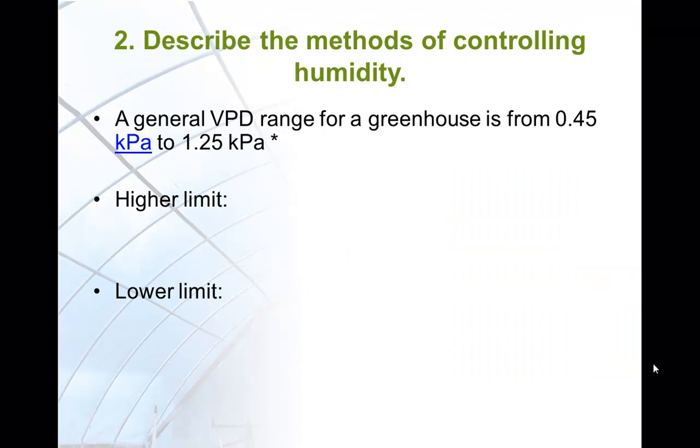We have talked about the importance of having targets of VPD to provide the best environment for plant growth and disease control. So what are the targets appropriate for general greenhouse production?